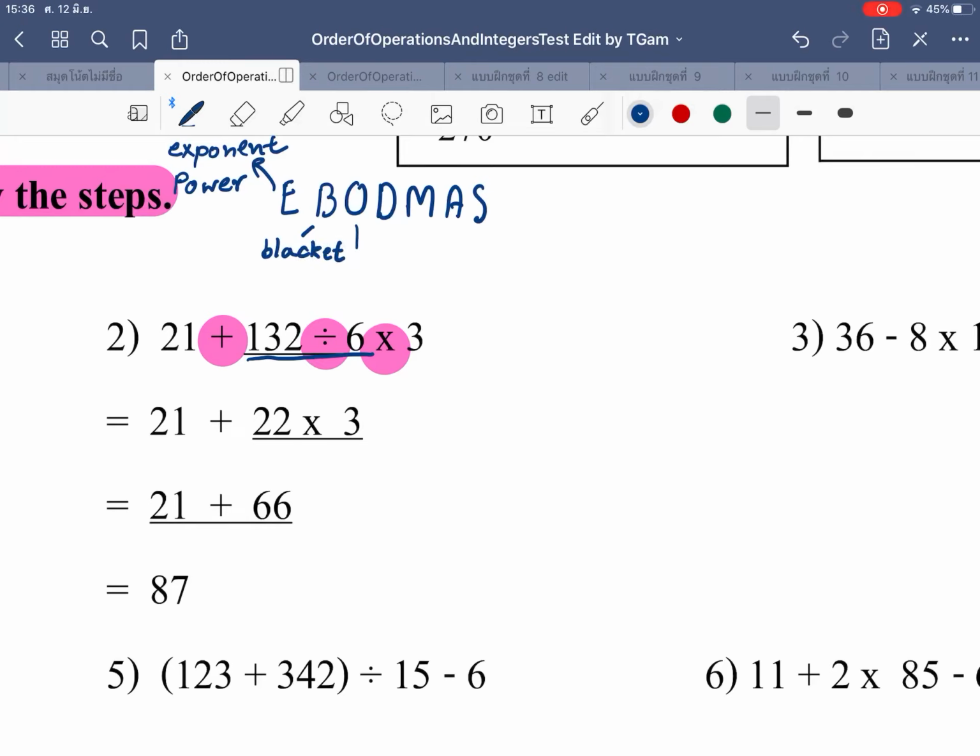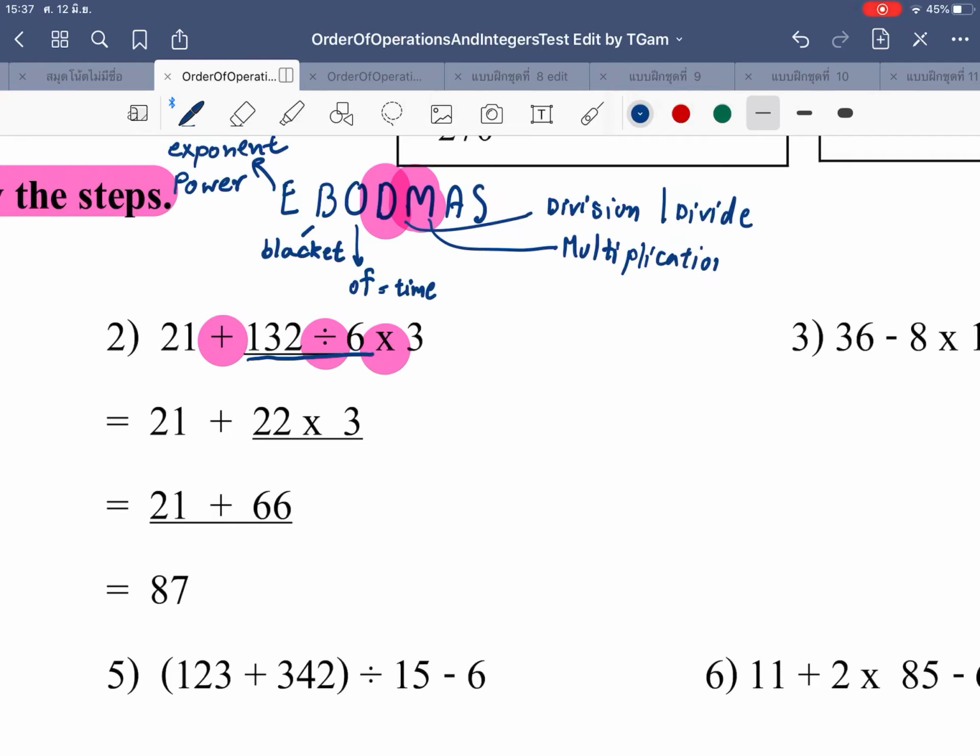and O comes from the word of, which can be equal to times or multiplication, and also D and M. You are just familiar with them. They are division or divide, and M is multiplication or multiply.